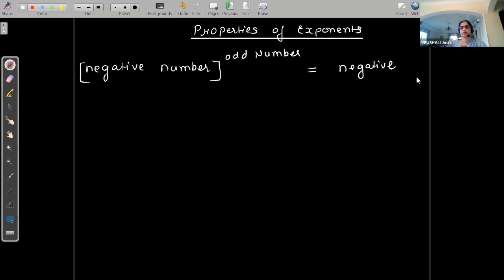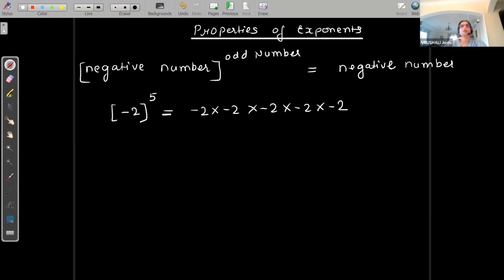Getting it? Let's see the example. For example, we have -2 raised to 5. That will give us -2 into -2 into -2 into -2 into -2. That will give us how much?